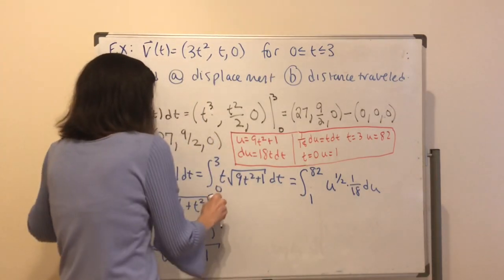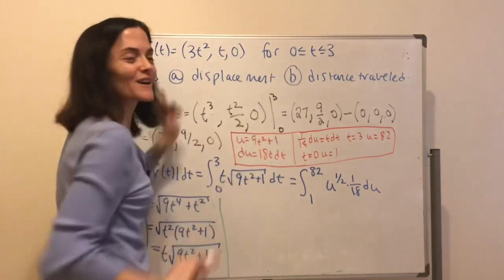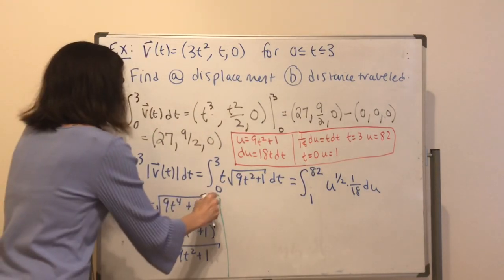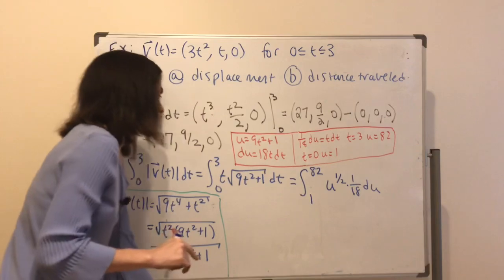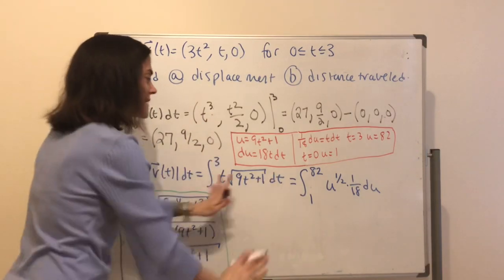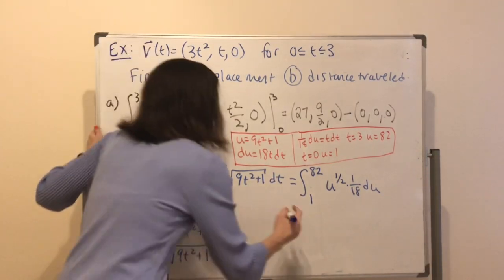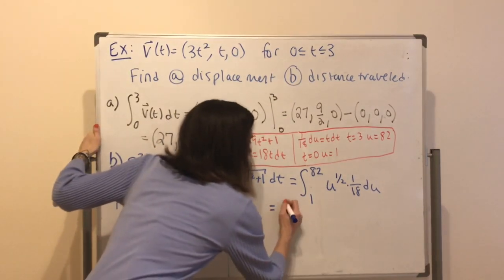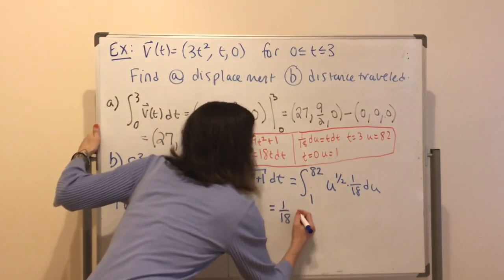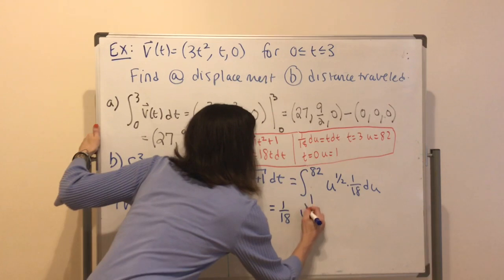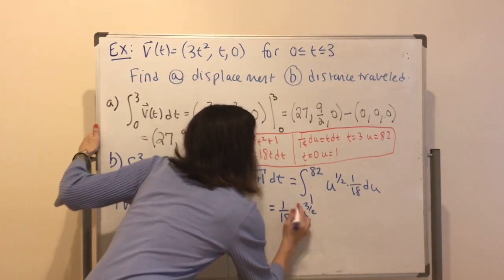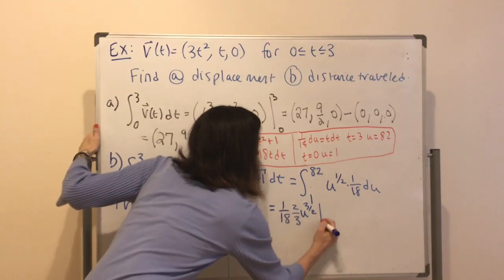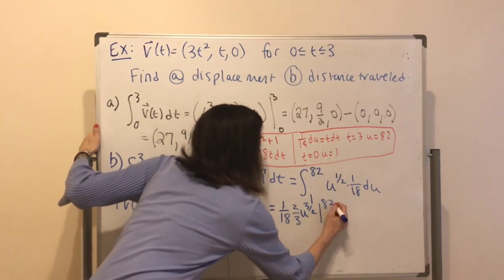Maybe I will box this off too. I've got side work for this problem in so many different places. That's okay. Trying to keep everything clear what I'm doing at each part in the board. Now I integrate. So this is, we have a 1 over 18. We add a power. Divide by the higher power. Evaluate between 1 and 82.